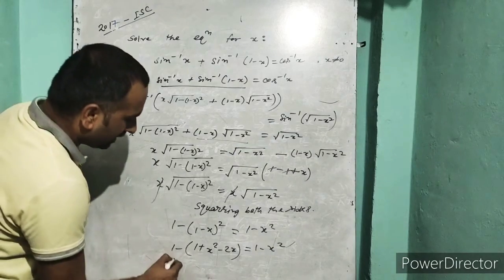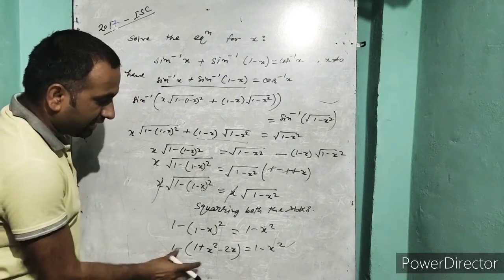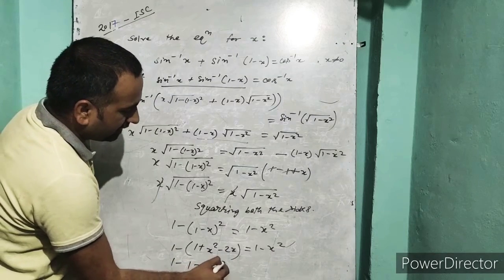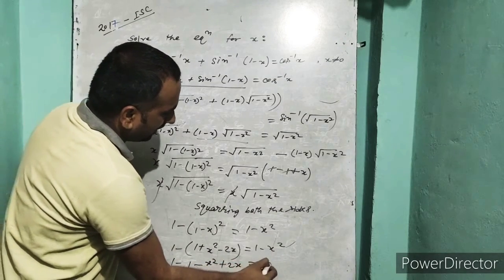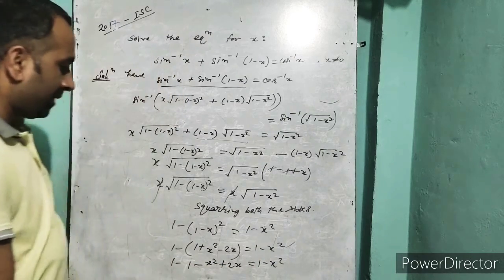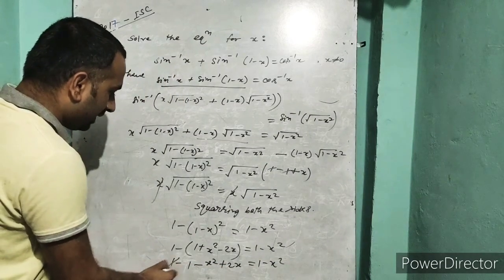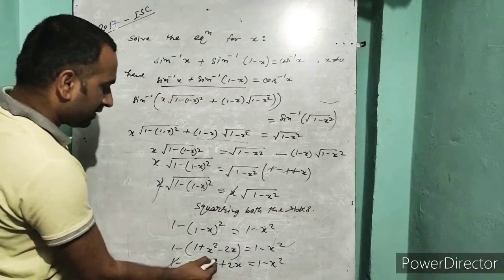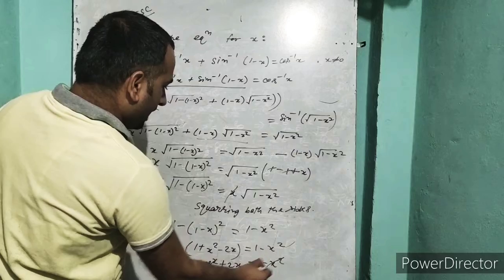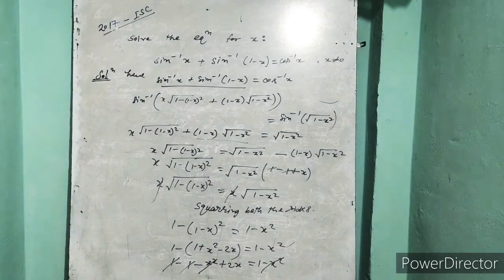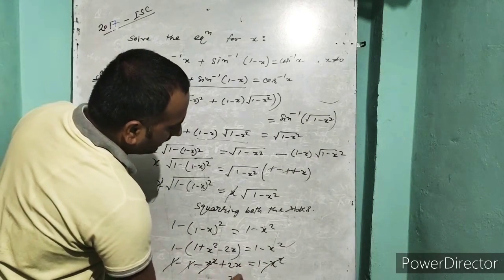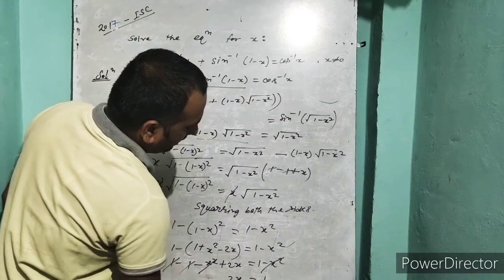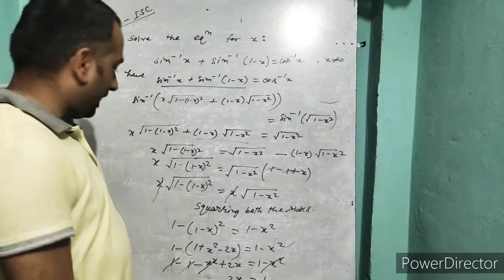After opening the brackets, the sign will be changed: it is minus x square plus 2x equal to 1 minus x square. So this 1 and that 1 both are cancelled. It is minus x square and it is also minus x square, so here it is also cancelled. What we have is 2x equal to 1. So x is 1 upon 2. This is the required value of x.